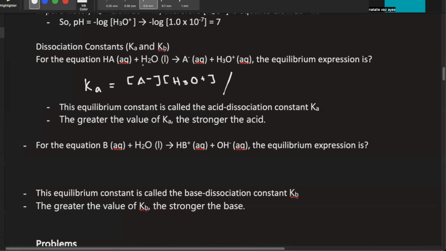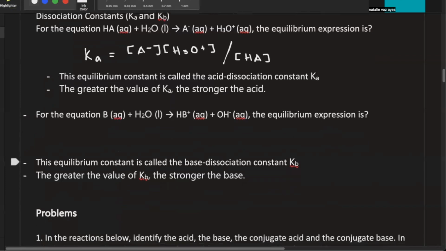But let's look at this. H2O is a liquid, so we will not include it in the expression. So for now, we're only going to include HA. This is the expression for the equilibrium constant for acid dissociation, Ka. We also look at the greater the value of Ka, the stronger the acid.